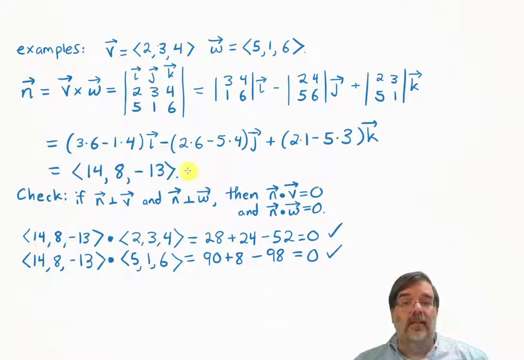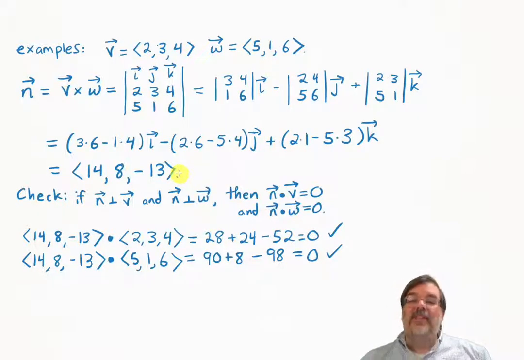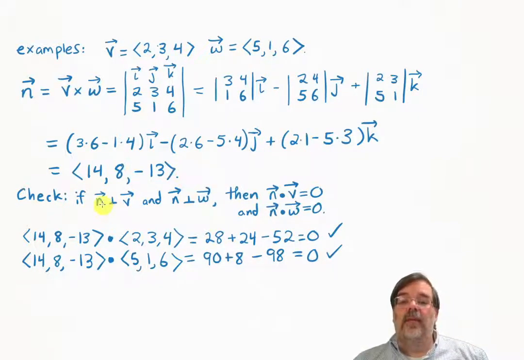In case you want to check your work, which you should always want to do, we know that two vectors are perpendicular if their dot product is 0. So what we can do to check is calculate some dot products. The vector n dot with the vector v should give us 0.